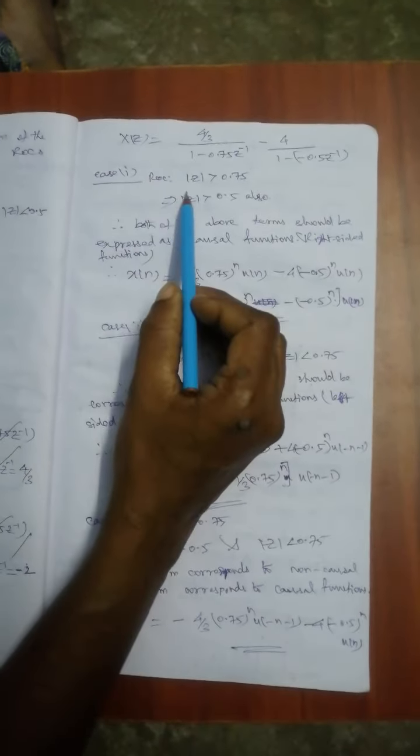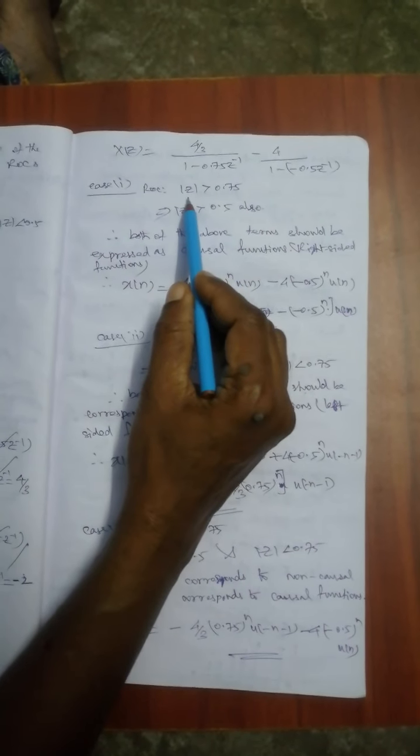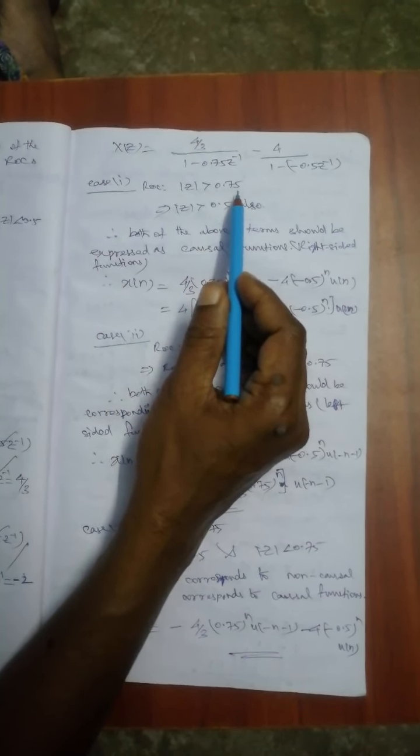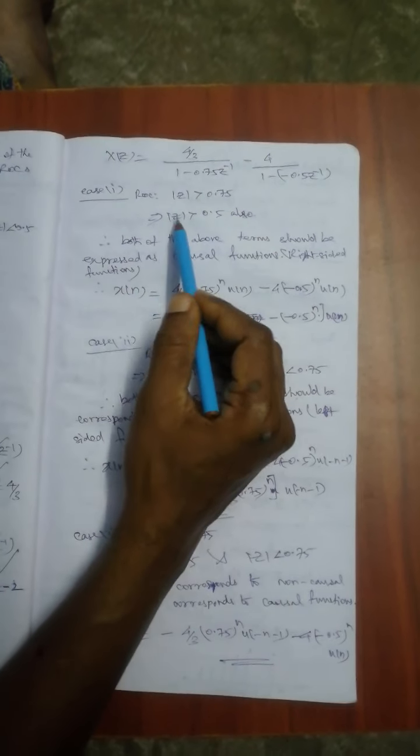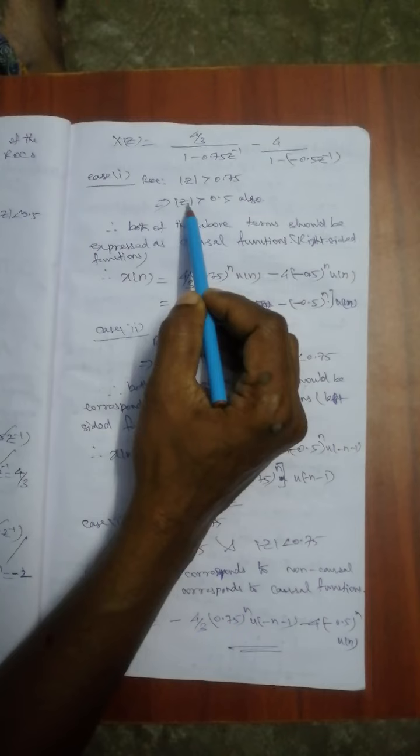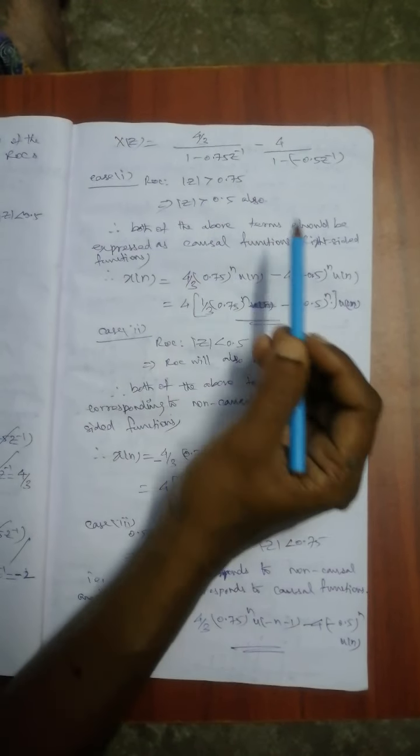In the first case, ROC is given as mod z greater than 0.75. Since it's already greater than 0.75, it is obvious that mod z is greater than 0.5 also.